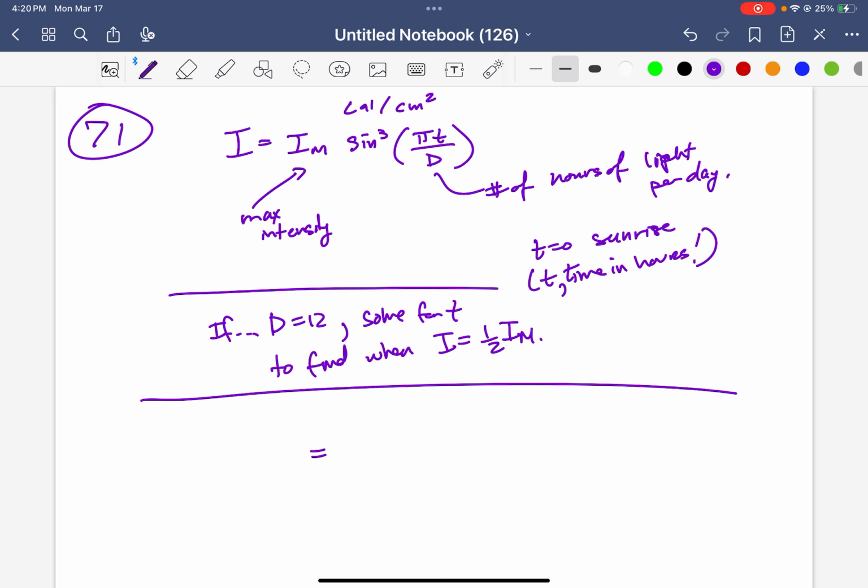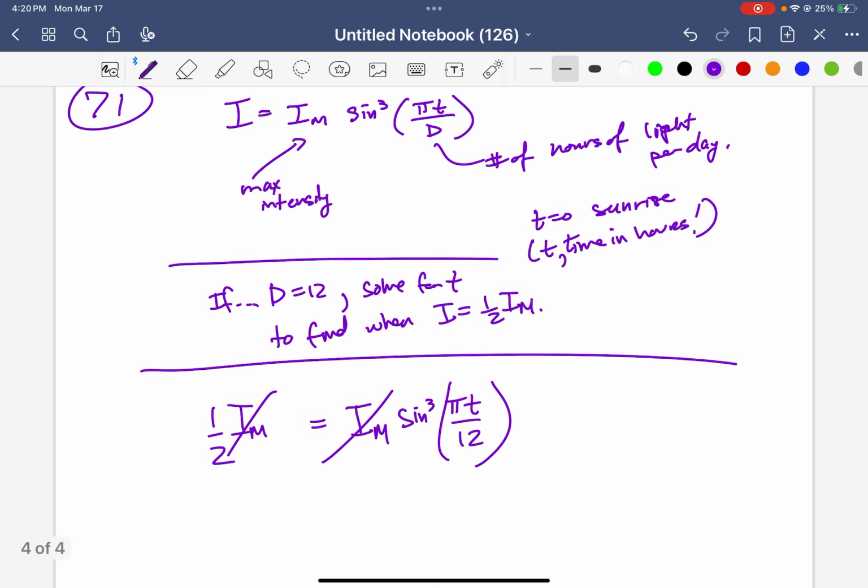So that means we have got 12 hours of sunlight in our day. I want to know when do I multiply that from max intensity and get half max intensity.